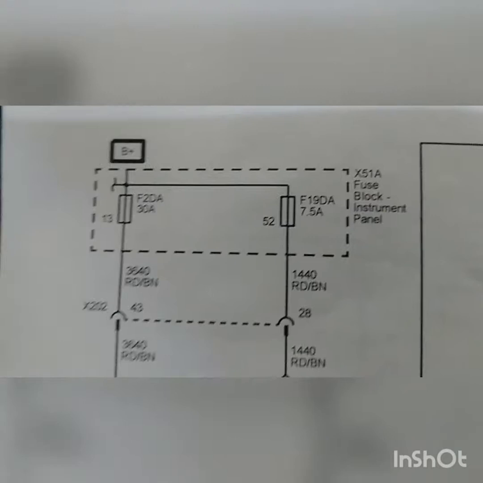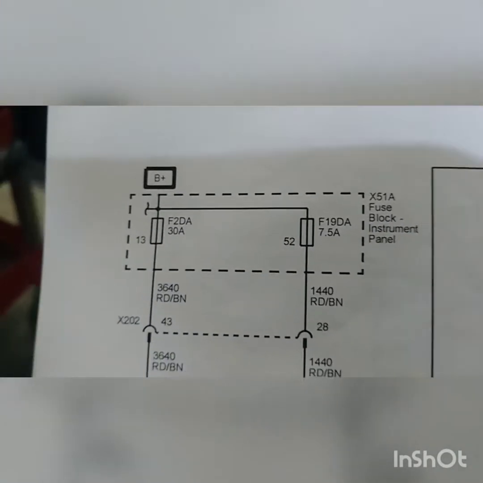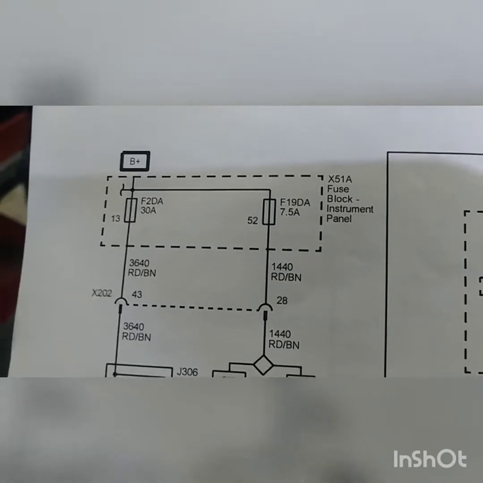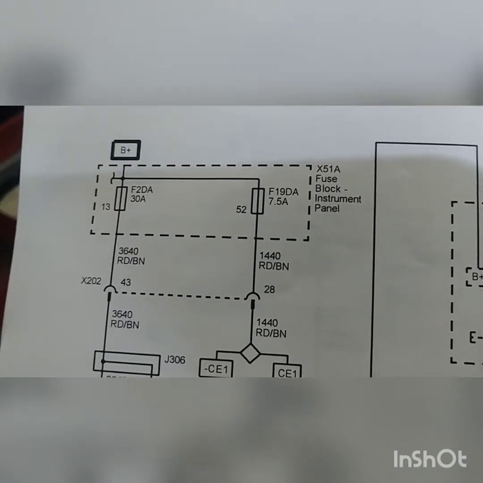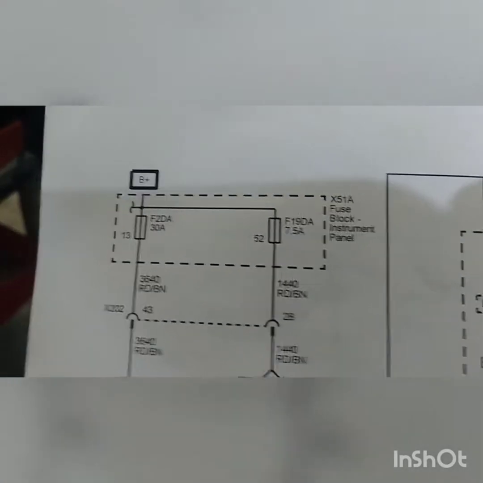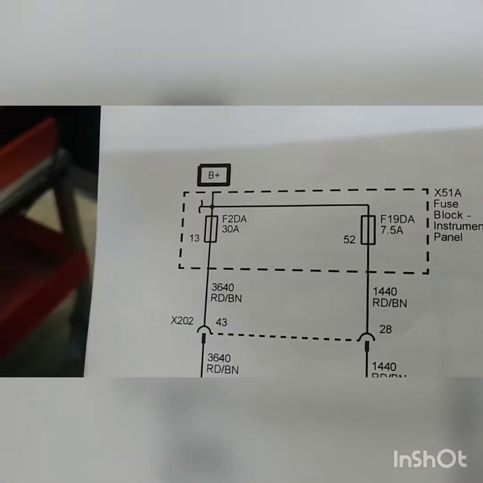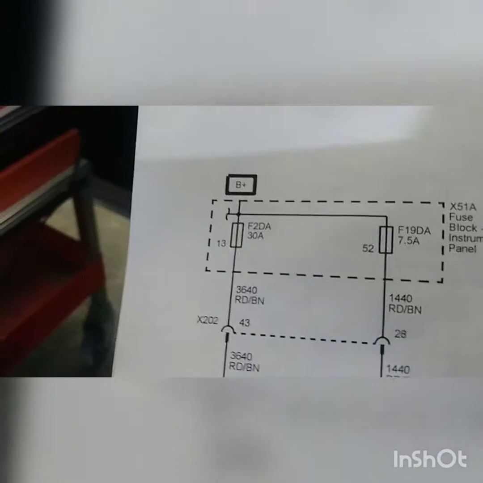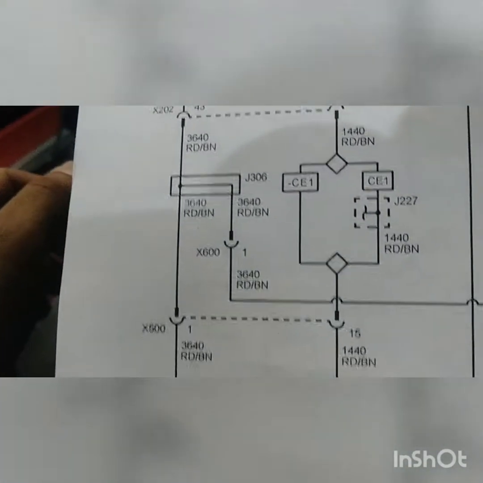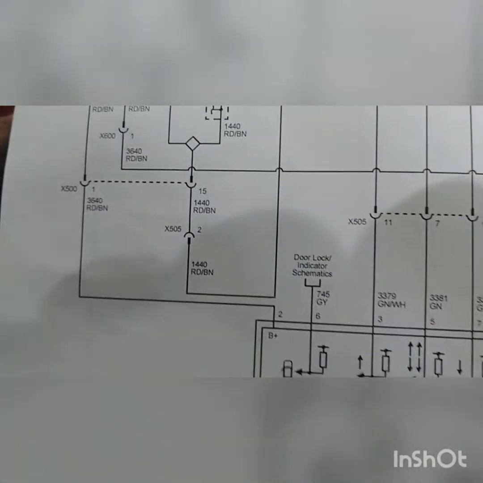Here we have our wiring diagram. I'm going to concentrate on both the front window motors. I'll explain to you a little bit later on why I chose to just concentrate on these circuits. First, we have the 30 amp fuse, which checked out fine. So that'll be circuit 3640 powering up both window motors.